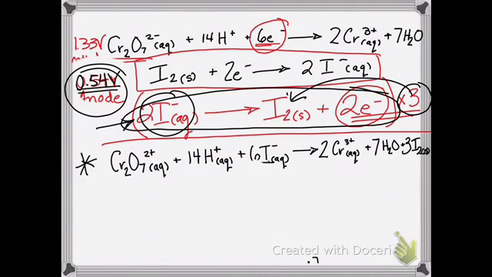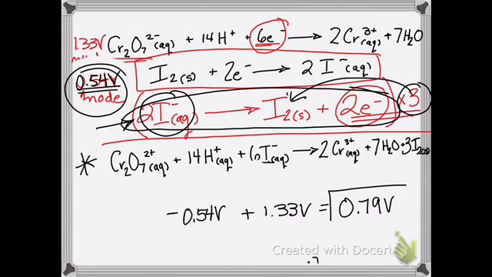So this is going to become a negative 0.54 volts. And the other guy is still going to be positive, luckily, so that's going to be a positive 1.33 volts, and so let's combine it. And I get an overall voltage of 0.79 volts. So it's still positive, right, and it's still going to work.